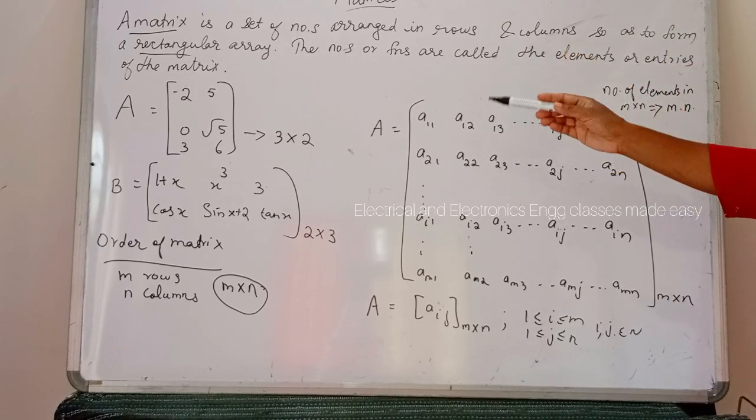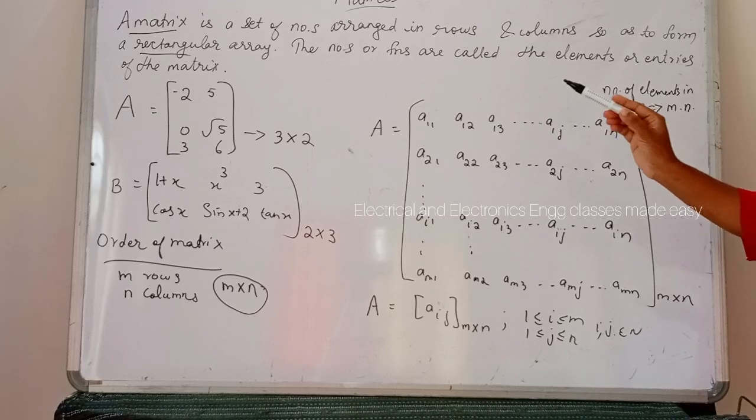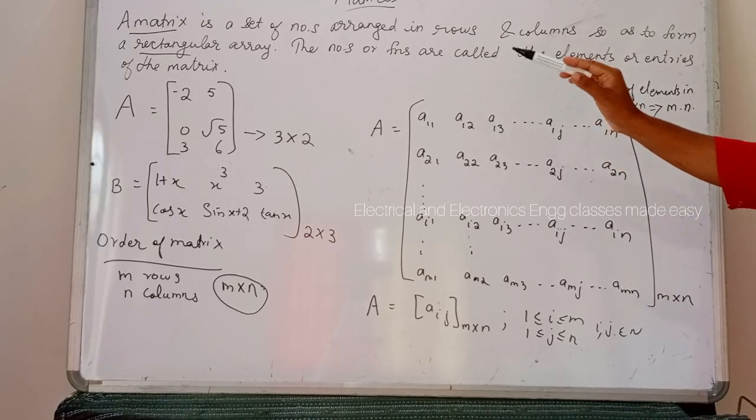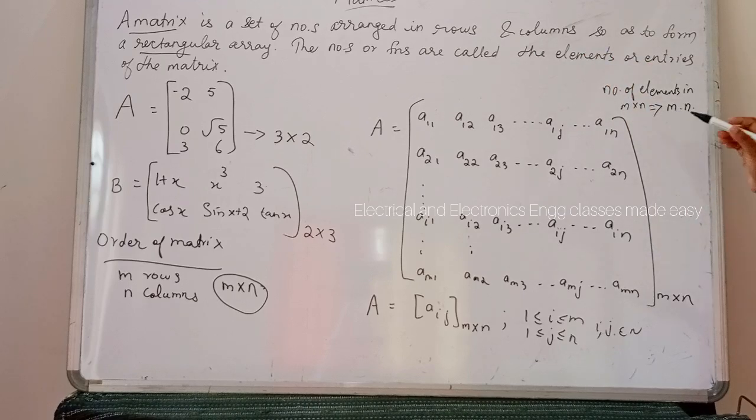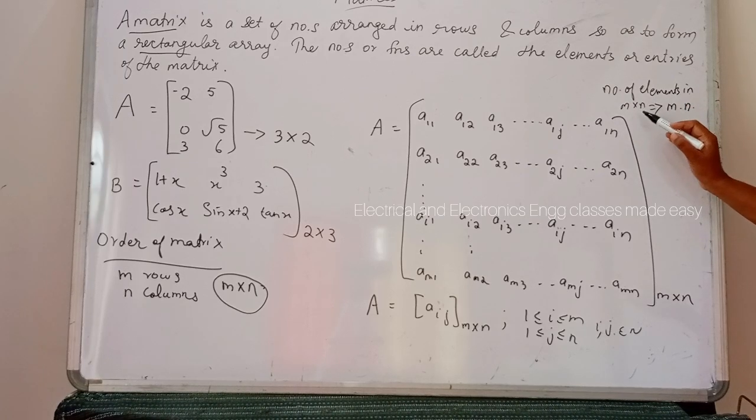So what will be the total number of elements? 3 into 2, that is 6 elements are there in the first matrix A. Similarly, if there is an m by n matrix, then the total number of elements is equal to m into n, that is the number of rows into number of columns.